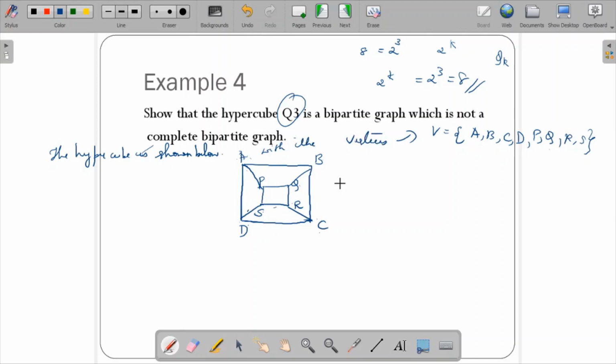These are the vertices. So in this, let V1 be equal to ACQS, and V2 be equal to BDPR.